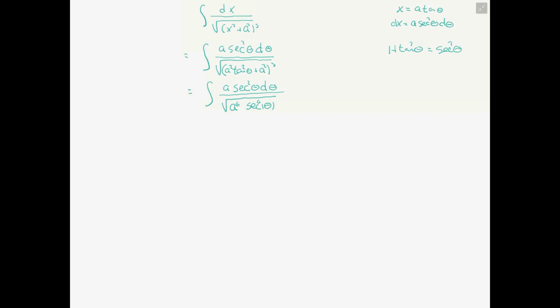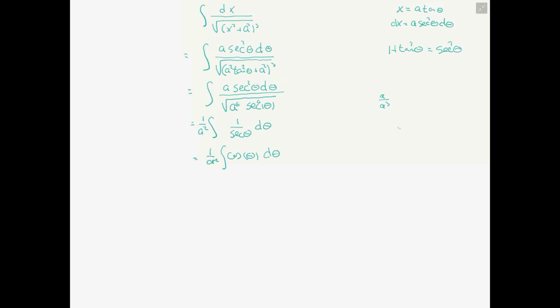And when we take the square root of that, we have a to the, let's see, a over a to the third is 1 over a squared, and we have 1 over secant theta d theta, but that's simply 1 over a squared cos theta d theta.